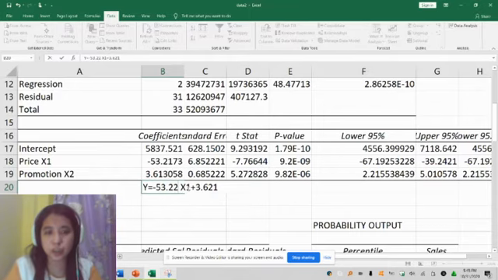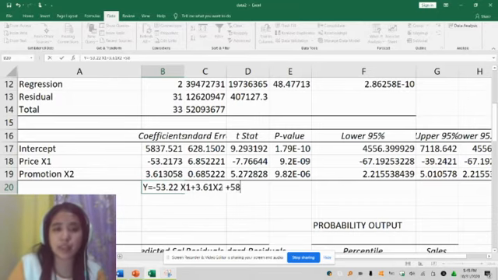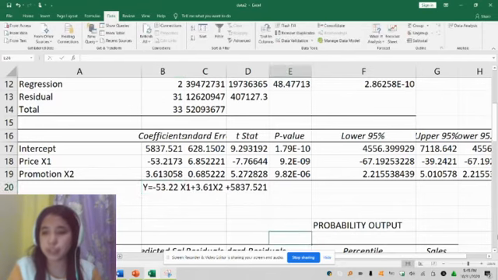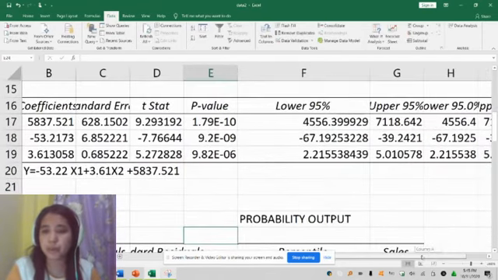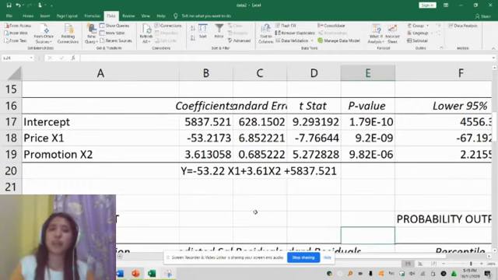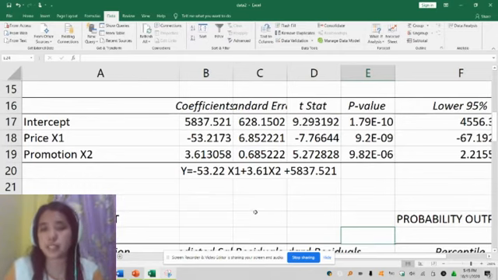So negative 53.22 x sub 1 plus 3.61 x sub 2, plus the y-intercept, which is 5837.521. Let us make this bigger. So this is the value of our y: Y is equal to negative 53.22 x sub 1 plus 3.61 x sub 2 plus 5837.521.